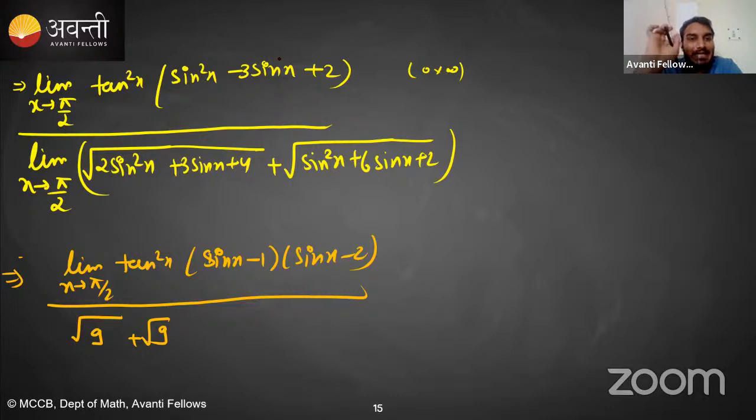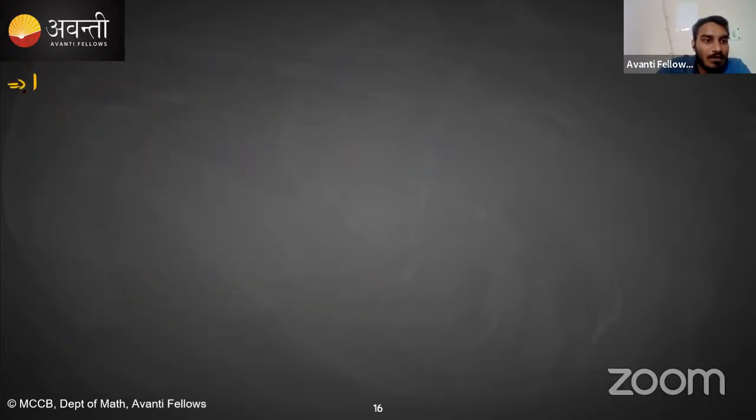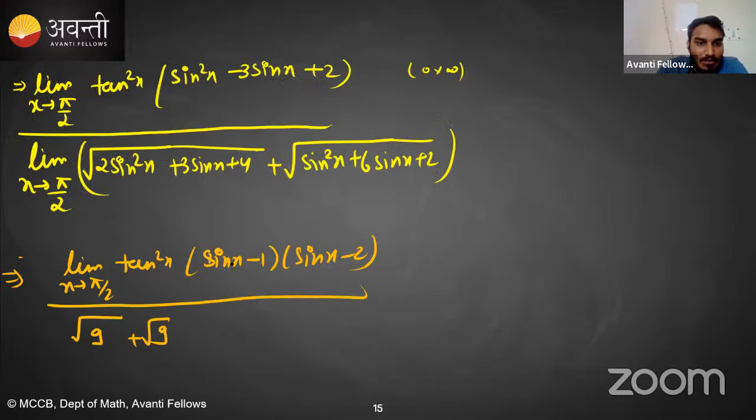I have just rationalized it, and since we don't have any indeterminate form in the denominator, I'm using the quotient rule, separating the numerator and denominator, right? And we directly find the limit of the denominator by putting x is equal to pi by 2. That's it. So this can be written as 1 by 6 limit x tending to pi by 2 tan square x into sin x minus 1 into sin x minus 2.